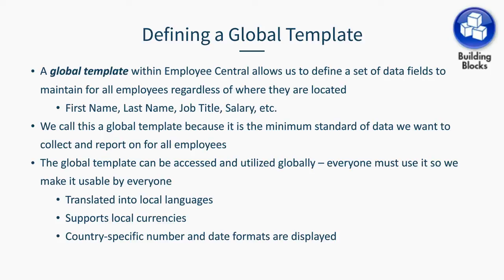So for example, if you were to choose English UK, the system would display a date having the day as the leading number, so it would be in day, month, year format. However, if you were to choose English US, the system would automatically switch those dates to be in month, day, year format. So not only do those local languages translate the data, it also provides country-specific attributes as well for this information.